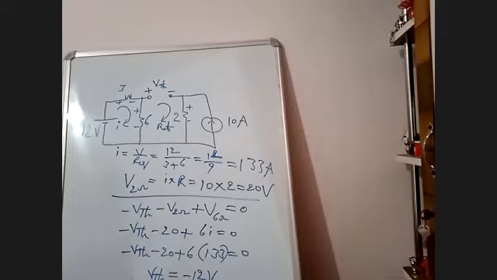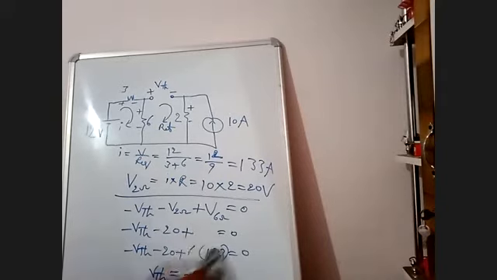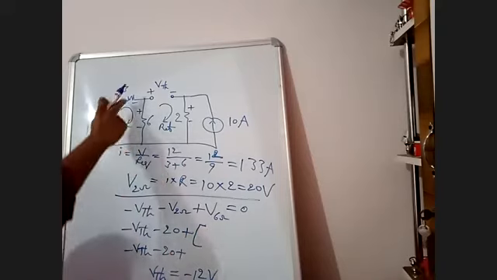Now here, instead of going for the current, I can apply the voltage divider. Instead of 6 into I, see here, for the voltage in 6 ohms, 3 and 6 are in series.